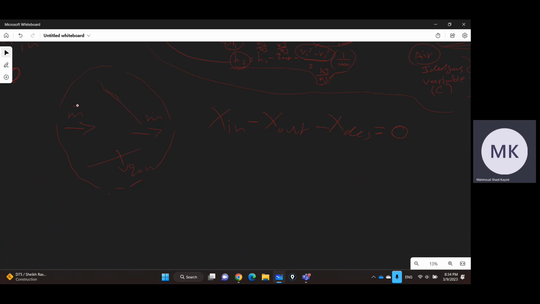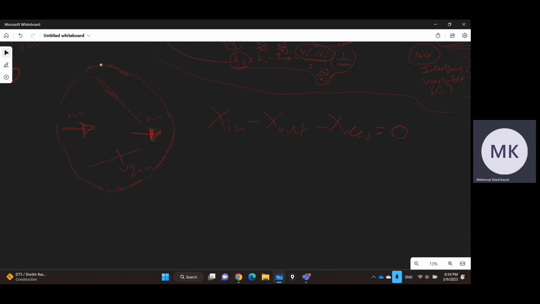For this case, even if we extended the boundary, we will still have mass flow rate in and mass flow rate out, because we don't know the fluid from where it is coming. In practice, the extended boundary is just a few millimeters or centimeters from your system.